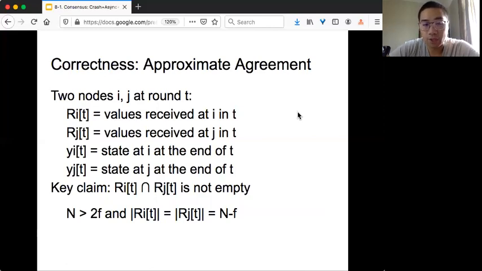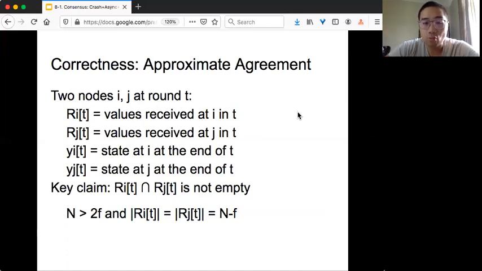We also have R_j^t, and you use R_i^t to update your new state, which is y_i^t and y_j^t. The key thing here is that we usually think of R_i^t as some kind of quorum, meaning that I receive a value from a set of nodes. And we can define R_j^t similarly.